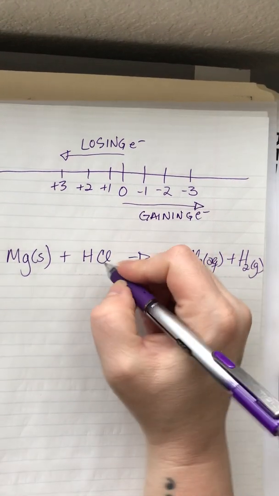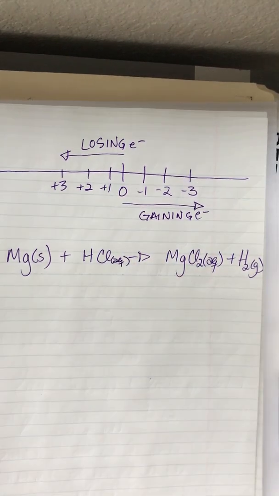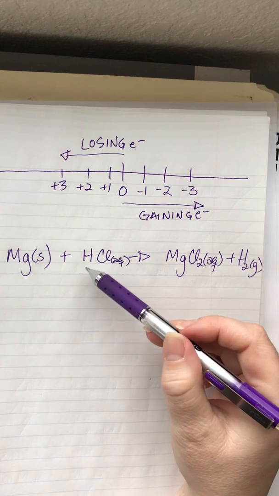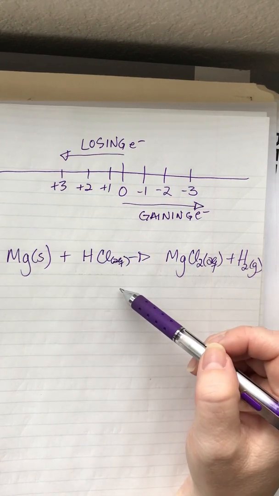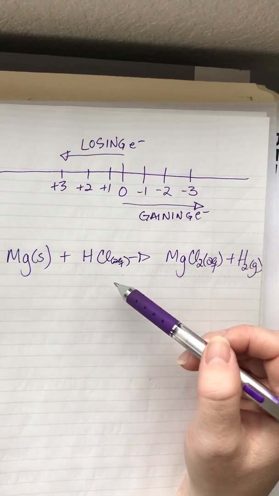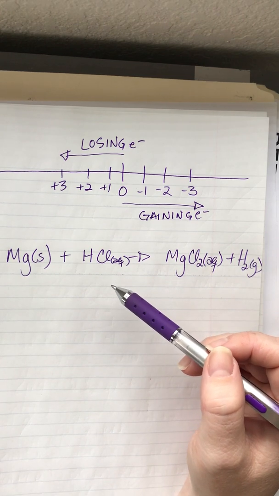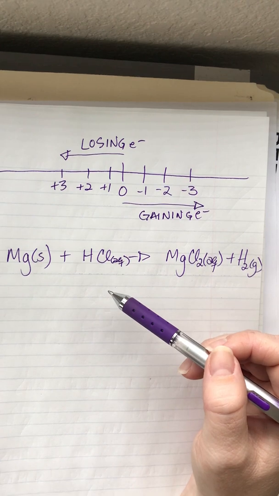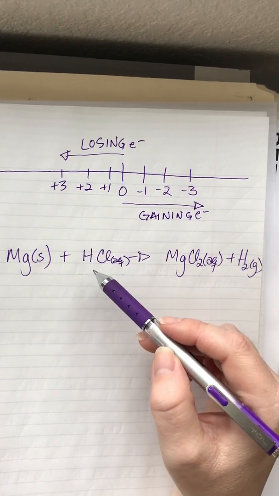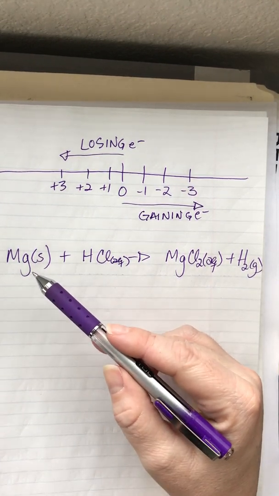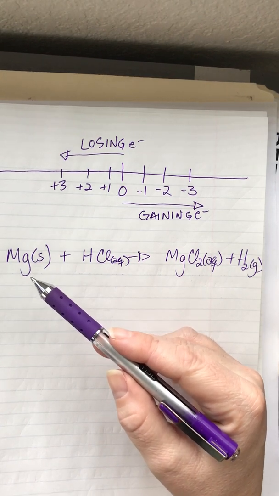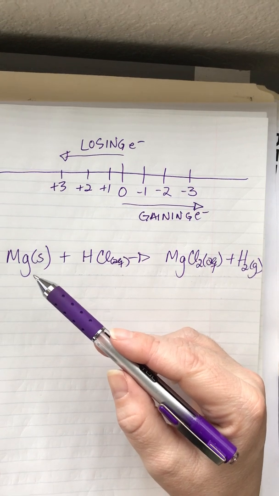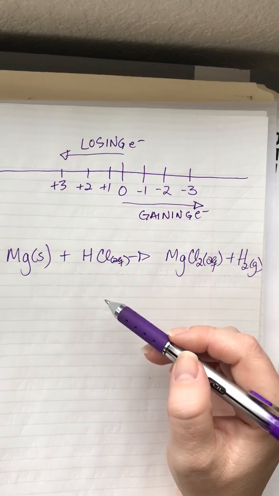Sorry, I forgot a phase. So we haven't talked much about acids yet, but this guy is an acid, specifically hydrochloric acid. And acids tend to be pretty good at dissolving metals. We'll talk a little bit more about why this reaction occurs in just a minute, but I just want to talk about how this stuff happens for now.